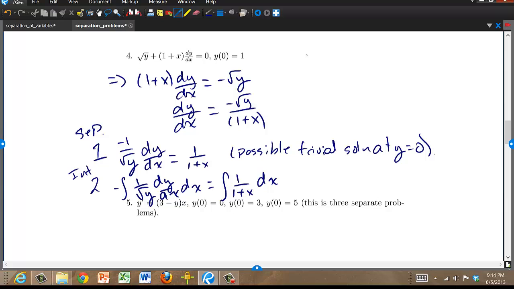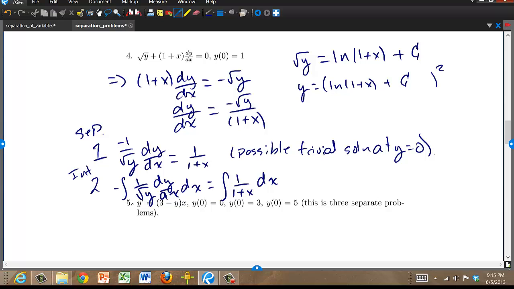On the left, what is that? Square root of y, if you integrate the left side, should be equal to, over here, the natural log of 1 plus x plus a constant. So y should be, we need to square this whole thing, natural log 1 plus x plus a constant.